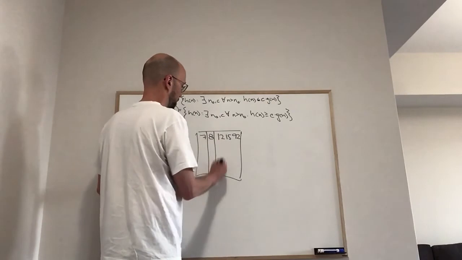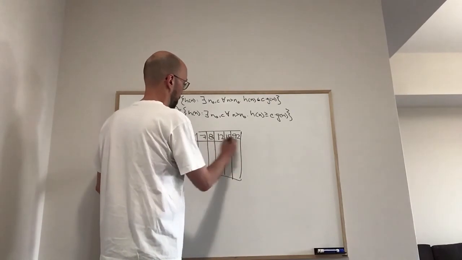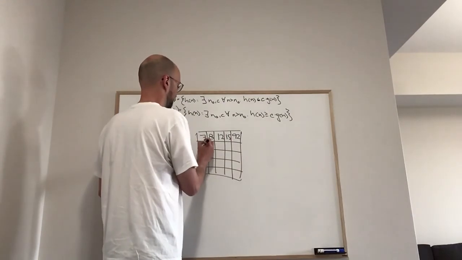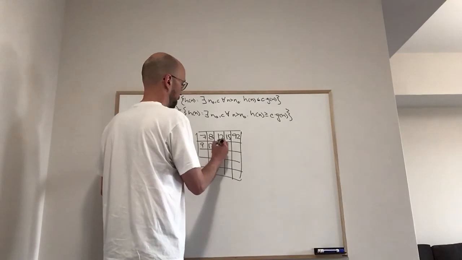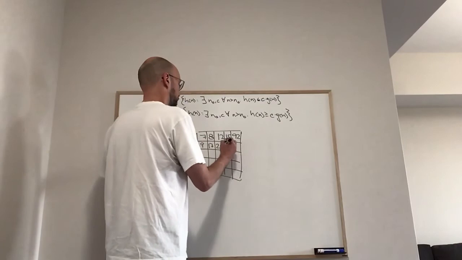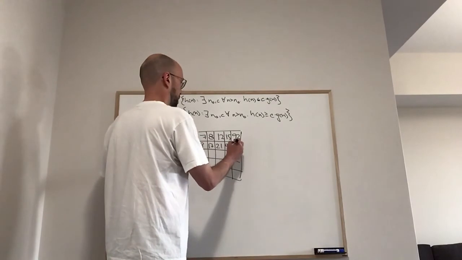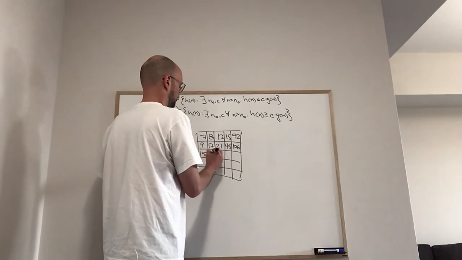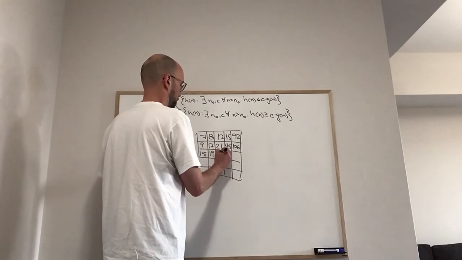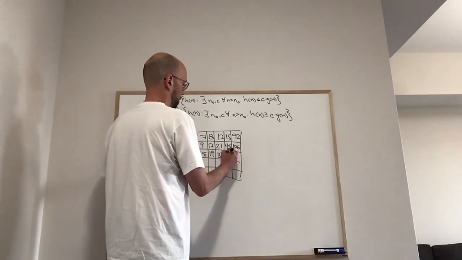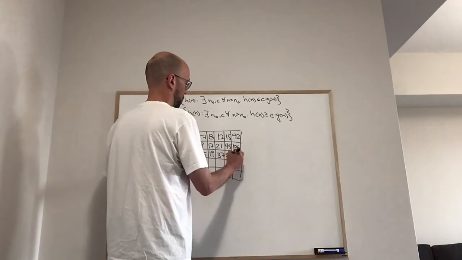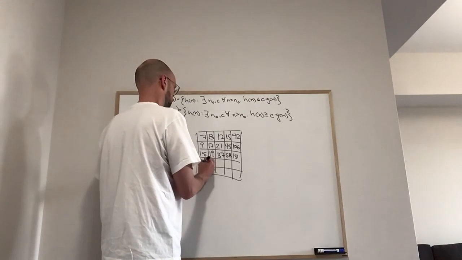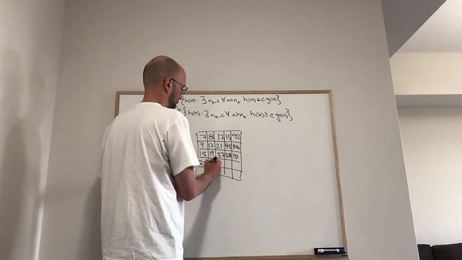Then this is 9, 17, 6, 15, 19, 37, 58, 151, 23, 32.